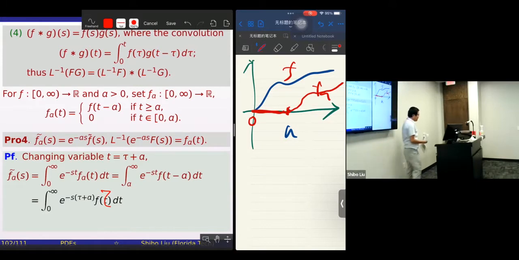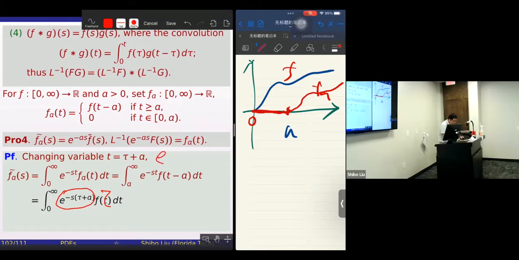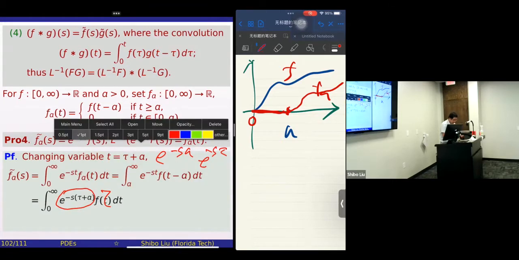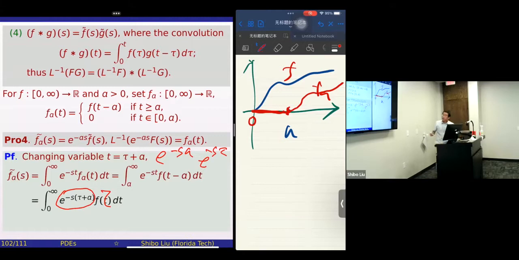But the exponential part is e to the minus s a times e to the minus s tau. The e to the minus s tau part and f of tau are precisely the Laplace transform of f.